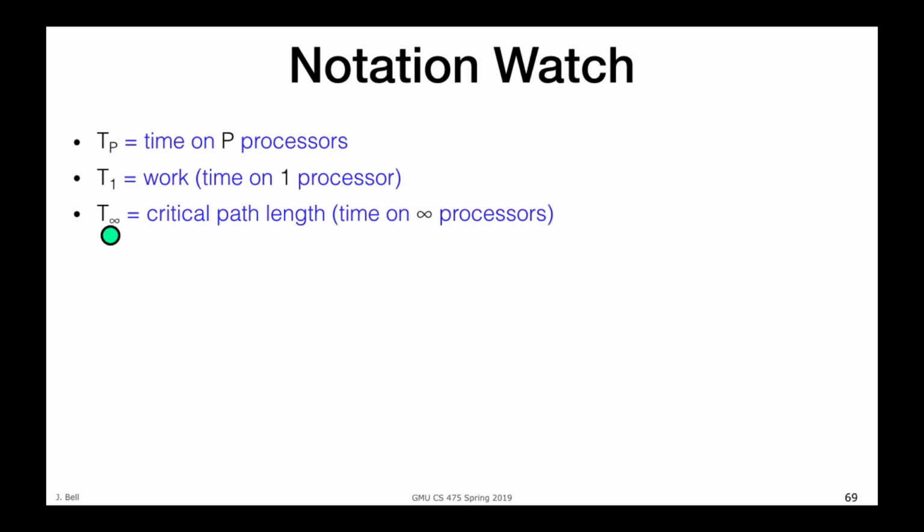The critical path length, T infinity, is the time that it would take for our task to get done on an unlimited number of processors. So we're probably going to be somewhere in between when we actually concretely run this.